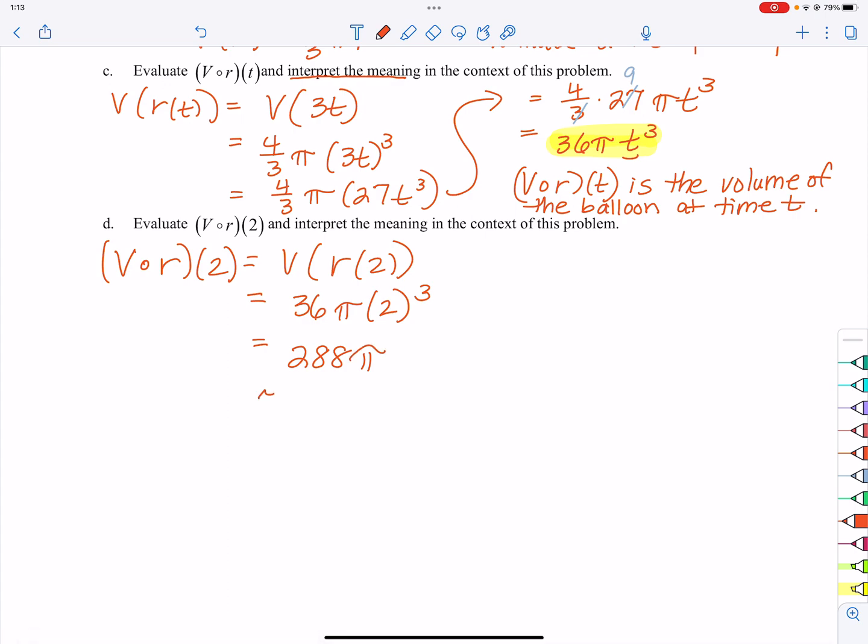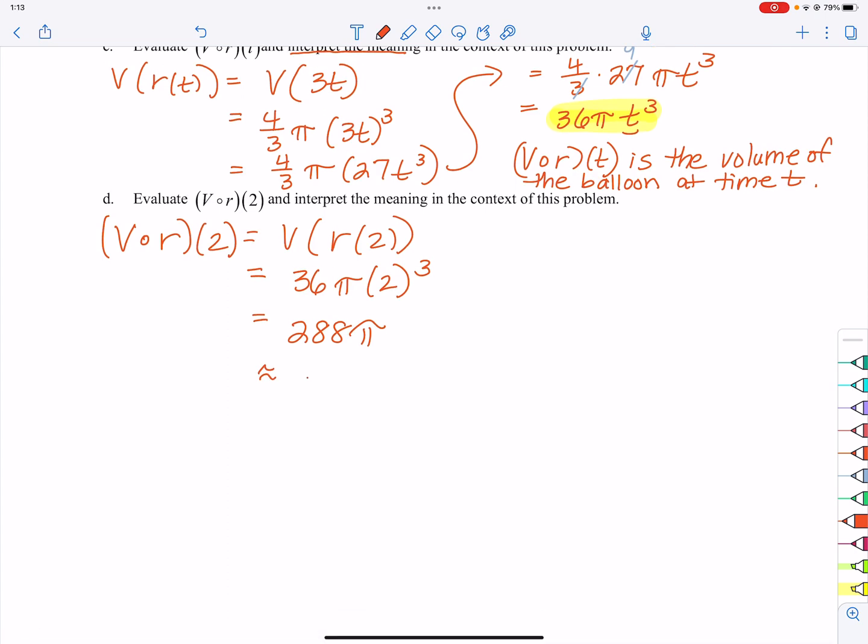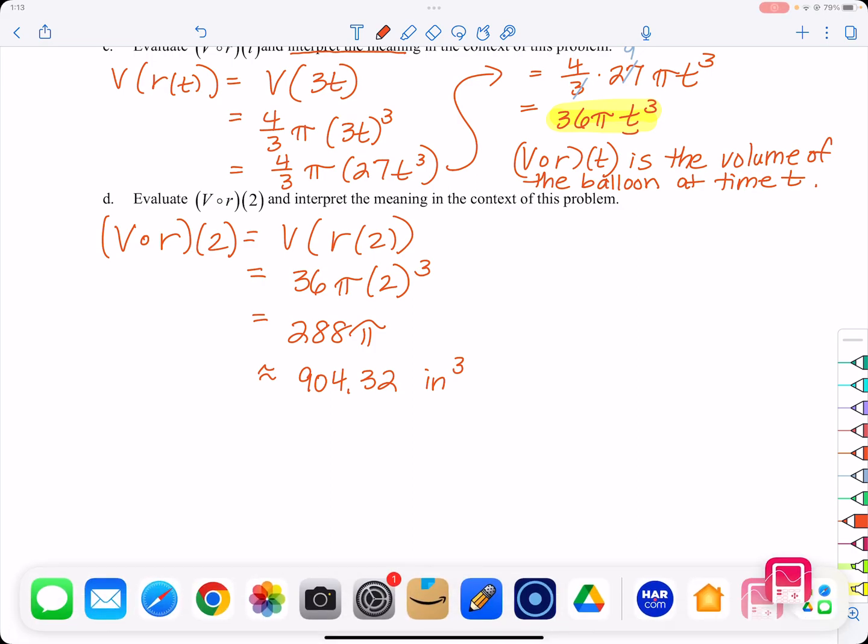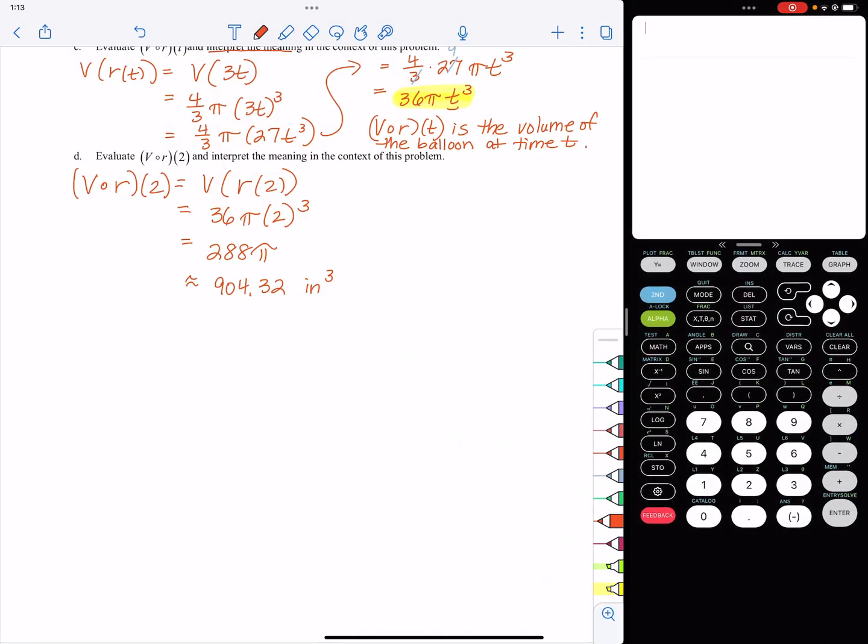So you can put that in your calculator and you'll get about 904.32 inches cubed. Okay, and let me kind of show you where pi is on your calculator, and also show you how to type 36 times 2 cubed, and you'll get 288.